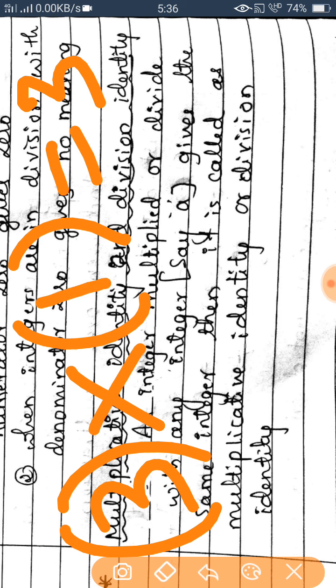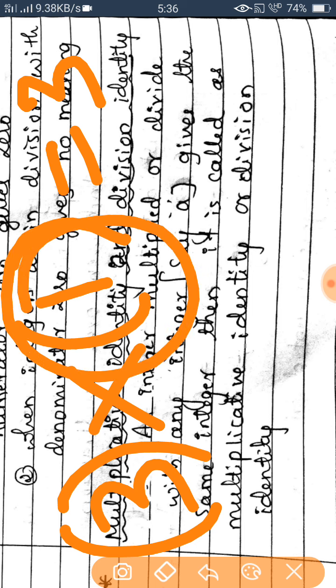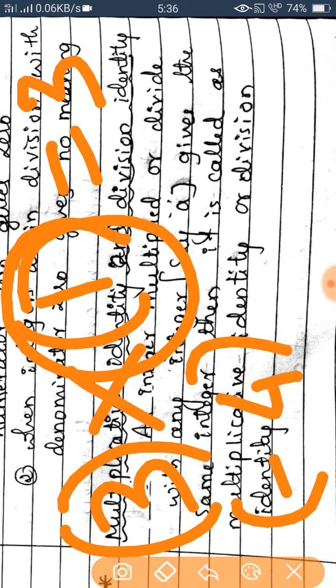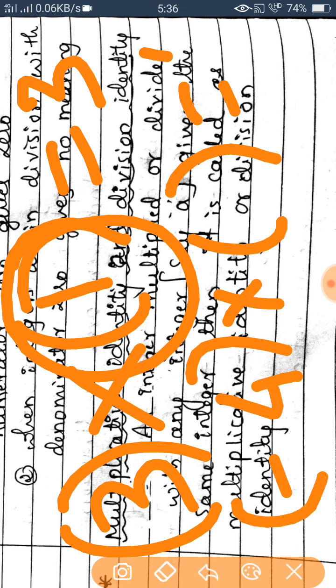Is it not 1? Then 1 is called the multiplicative identity. Not only 3, take minus 4, into 1 you must get minus 4 only. So 1 is the multiplicative identity. I have explained it very clearly: an integer multiplied or divided with any integer, say a, gives the same integer, then it is called the multiplicative identity or division identity.